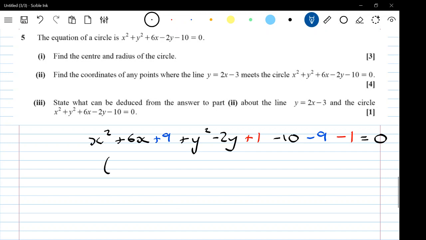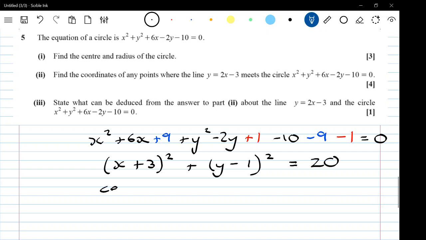So we've got x plus 3 all squared for our first bit. We've got y minus 1 all squared for the y part. And if we shove the numbers over to the other side, we've got 10 plus 9 plus 1, which is 20.